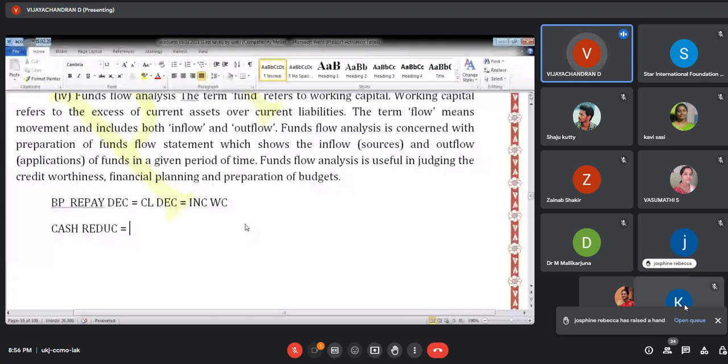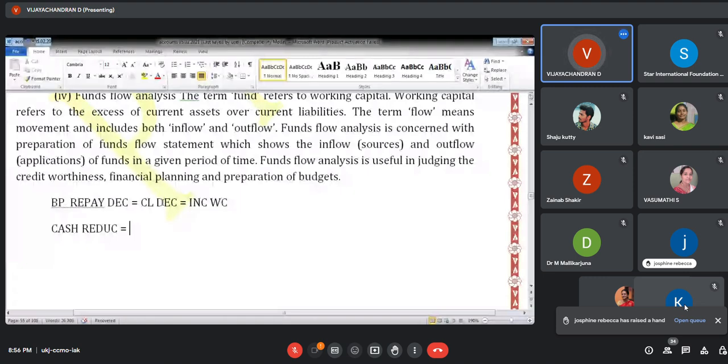The items coming under current liability: bills payable, bank OD, outstanding expenses. So if you are repaying the bills payable, it will be declining. It's an inverse relationship: current liability and working capital have an inverse relationship.